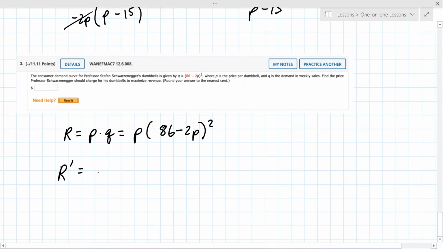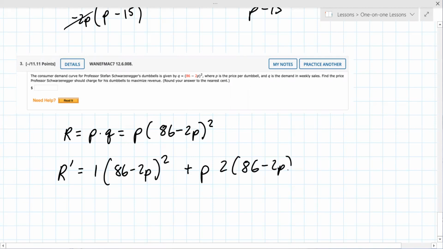The derivative of the first is 1, and you keep the second, 86 minus 2p quantity squared. Plus, keep the first, and take the derivative of this: the 2 comes out in front, 86 minus 2p to the power of 1. Then take the derivative of the inside function, which is minus 2.